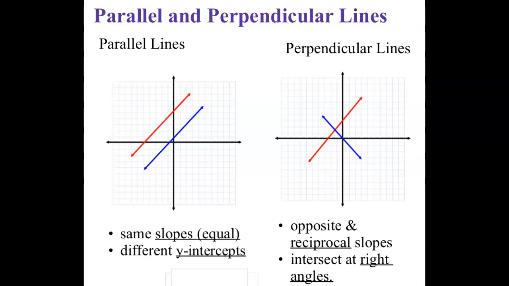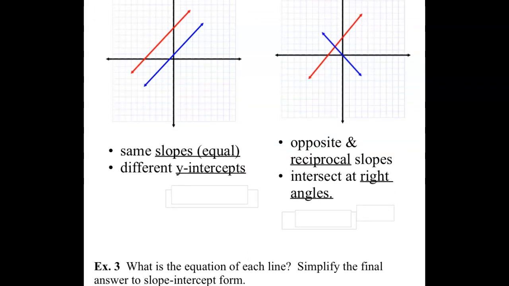They are the same. So with parallel lines, slopes are equal, but we have different y-intercepts. For perpendicular lines, they do intersect. They intersect in a special way. What's the special way? Yes, they intersect at 90-degree angles.